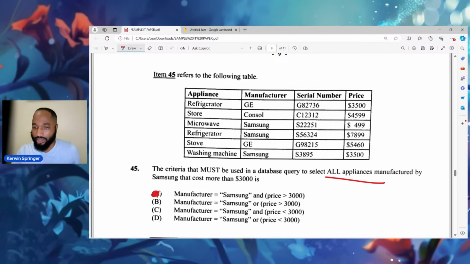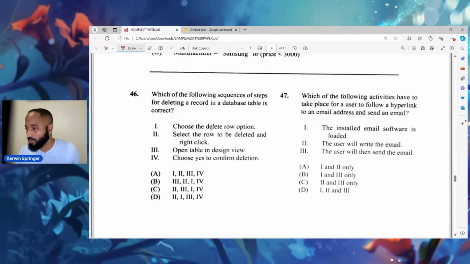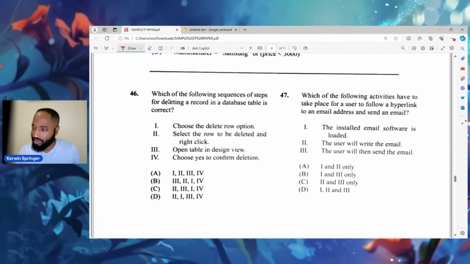All right, so this is maths. A is the answer. Which of the following sequences of steps for deleting a record in a database is correct? Choose the delete row option, select the row to be deleted, and right click open table in design view. Choose yes to confirm. 3, 2, 1, 4. B.